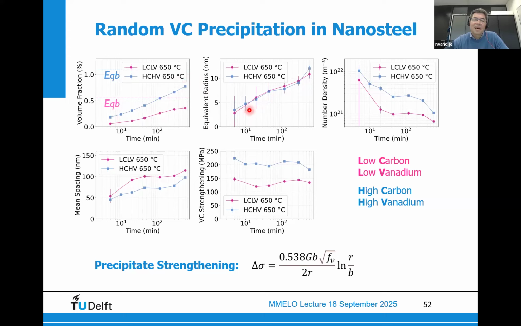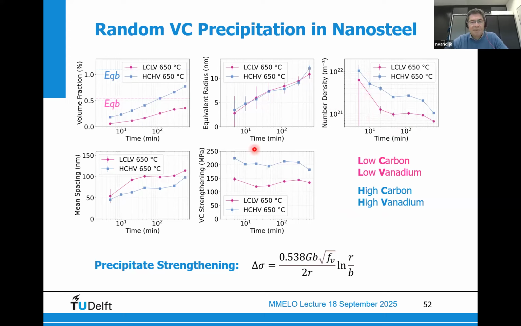We see that the average size of the particles does not necessarily depend a lot on these concentrations. And that the density already starts to decrease fairly quickly, but much faster in the end stages. So especially these end stages indicate the coarsening of the precipitates, but the fact that you already at the earlier stages also have a reduction in number density indicates that coarsening is already starting at a very early stage.